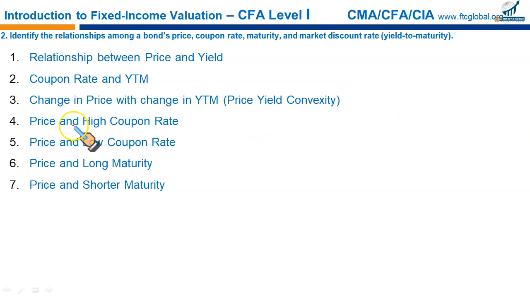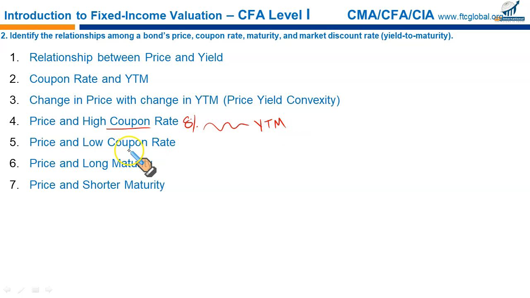Next, price and coupon rate. Now let us assume a bond that has a high coupon rate, let's say 8%. A bond with high coupon rate is less sensitive to changes in YTM.